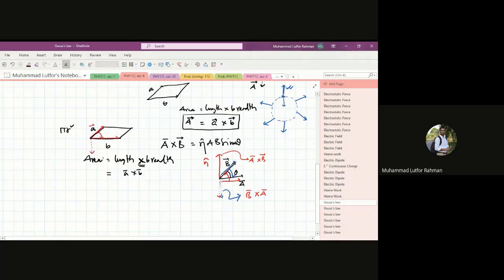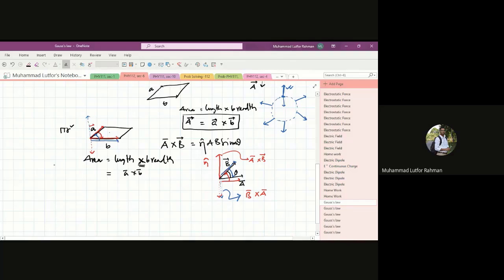Am I right? Yes, sir. If you consider the reverse, say I put my forefinger in the direction of the second vector B and rotate toward vector A, then my thumb would be toward the upward direction. Both cases are perpendicular to that surface.